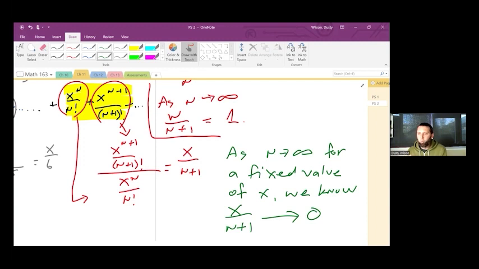When this ratio is 1, it's going to be inconclusive. It can kind of go either way. When the ratio is greater than 1, that's going to diverge. And this is a little bit of an exploration of a concept or a test that we're going to call the ratio test, which we will introduce in the next section.